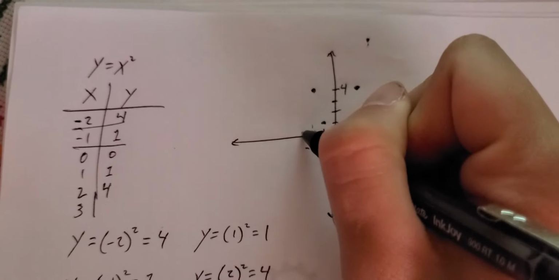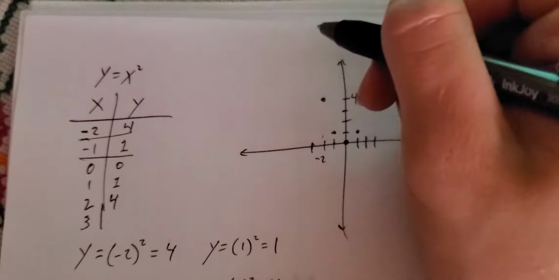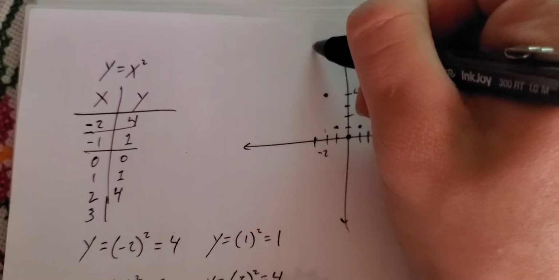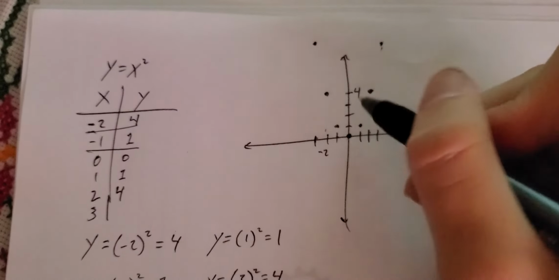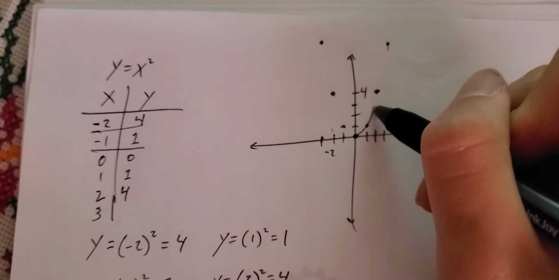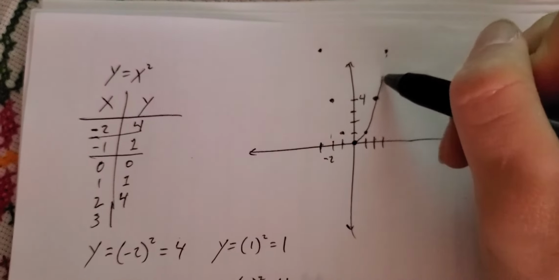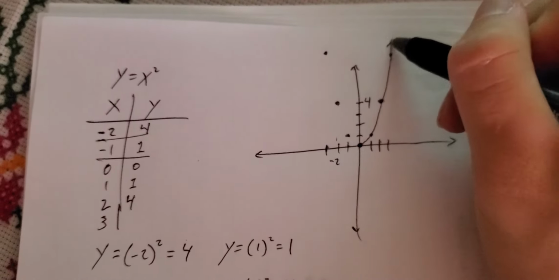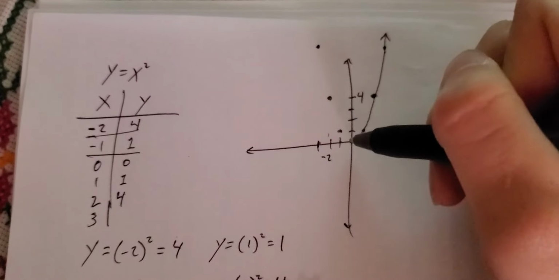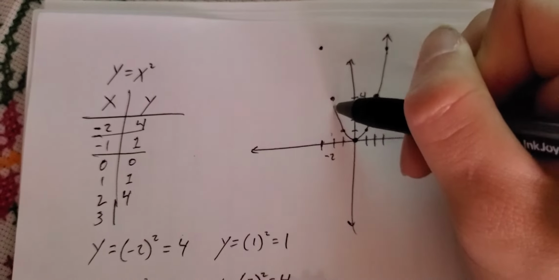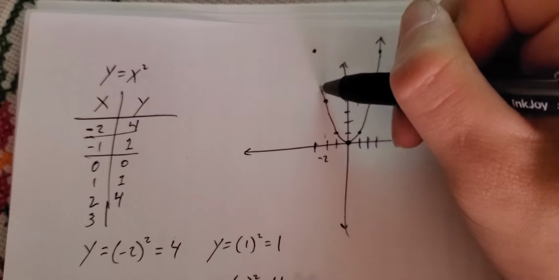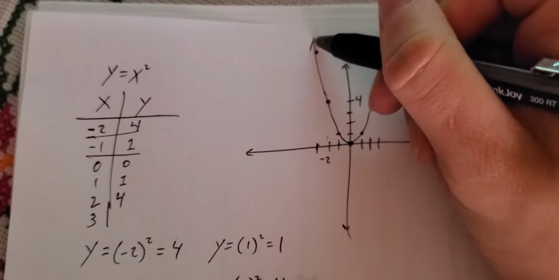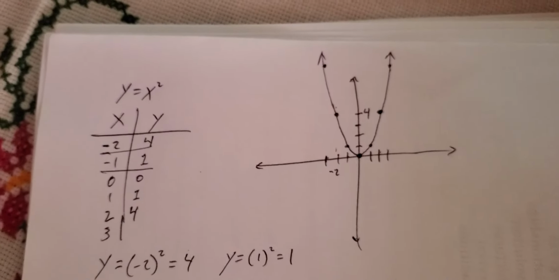If it was -3, my graph will go all the way up also to 9. The graph will look something like this. It's going to be increasing like this and keeps going up. Same on the other side. It keeps going up. Looks like a U.